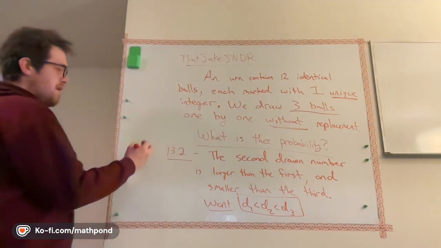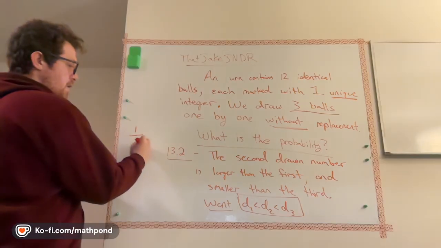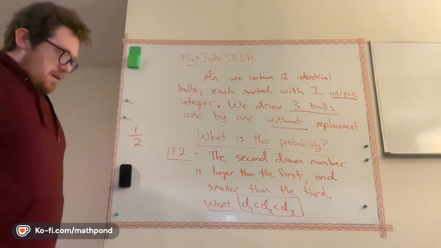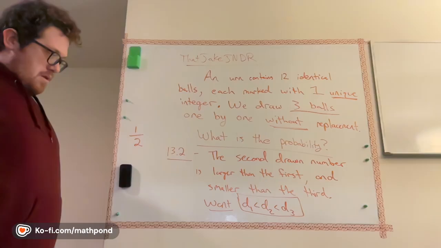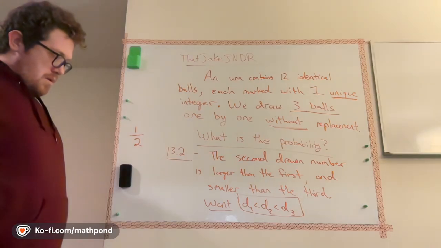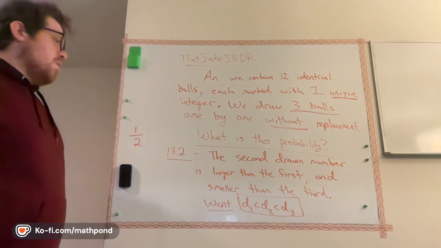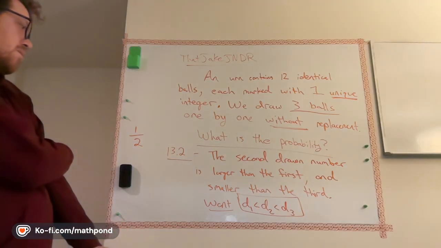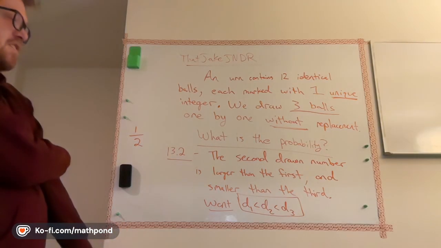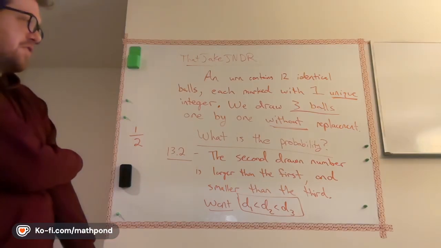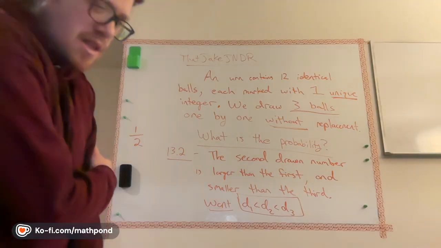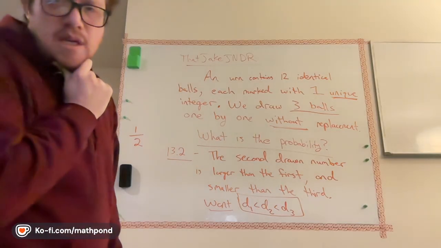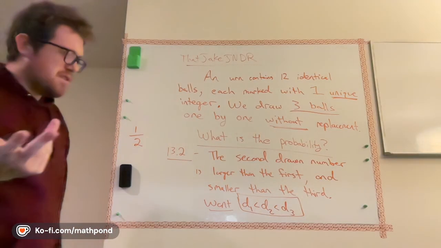It's going to be 1/2 times something. Should it just be 1/6? Yeah, because this is one particular permutation out of the 6, and by symmetry, each number is equally likely to be in the middle. I'm thinking it's 1/6.